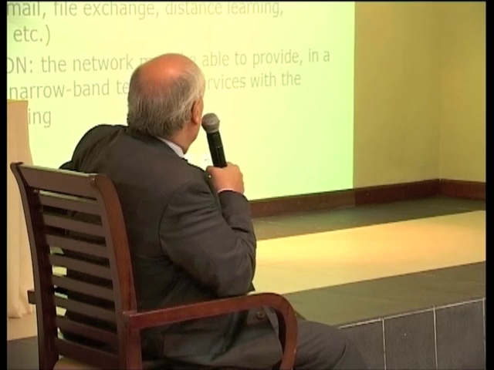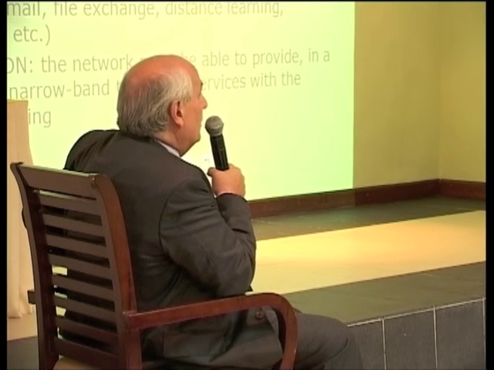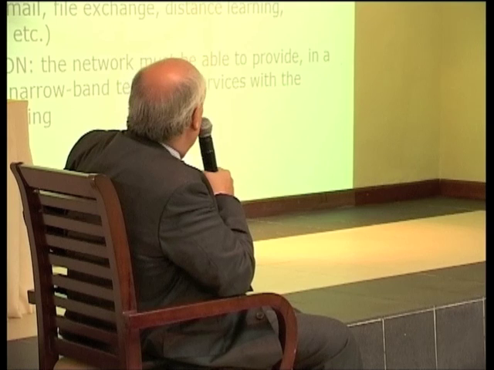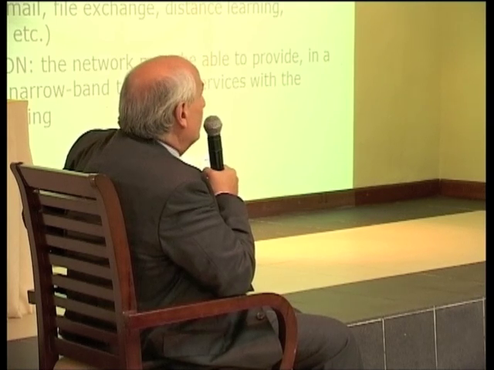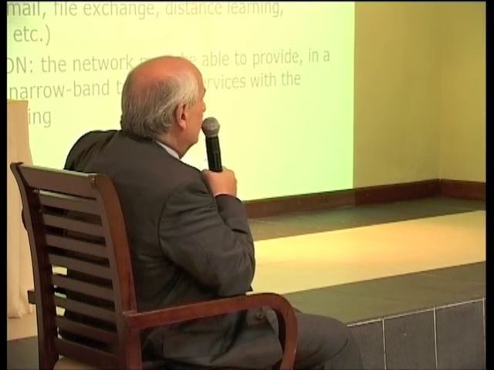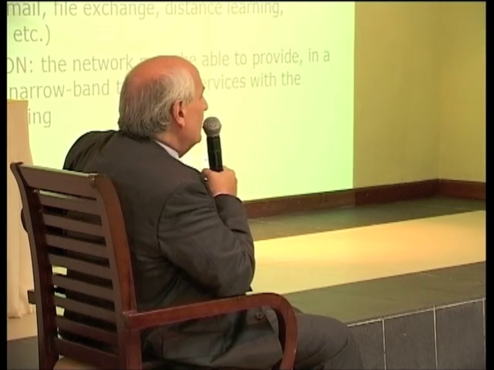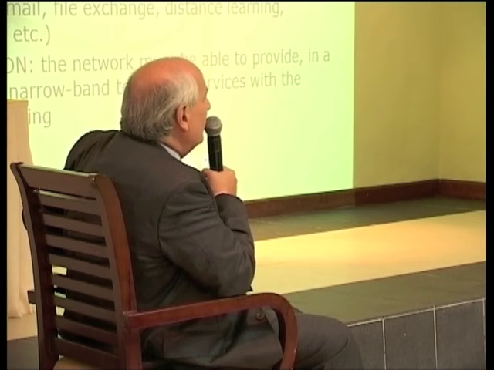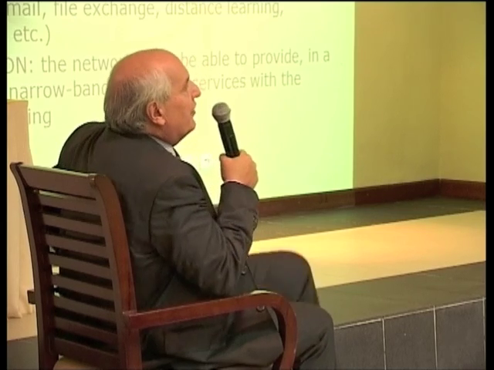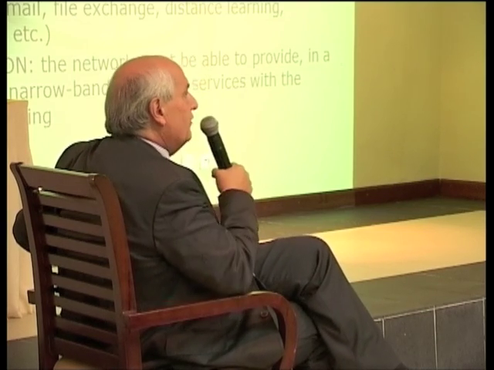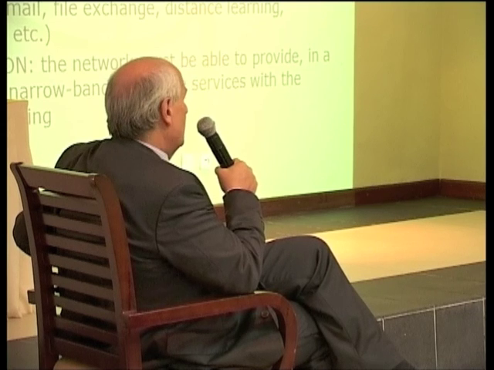The access network should also be able to provide narrow band telephone services, which means that the old telephone line is removed and everything is done over the access network.